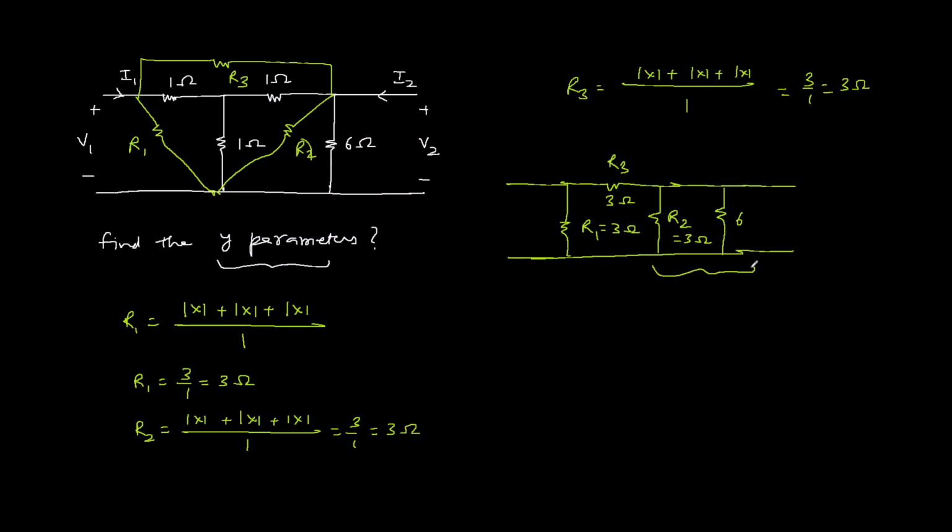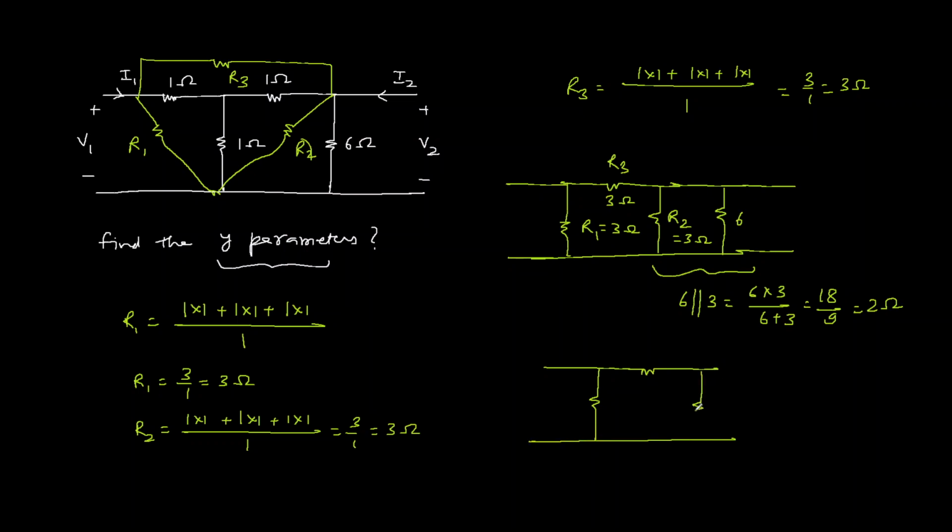Now the parallel combination of 6 and 3 is 6 into 3 over 6 plus 3, which is 18 over 9, or 2 ohm. So this circuit is now reduced to exactly a pi network. This one is 3 ohm, this resistance is also 3 ohm, and this one is 2 ohm.